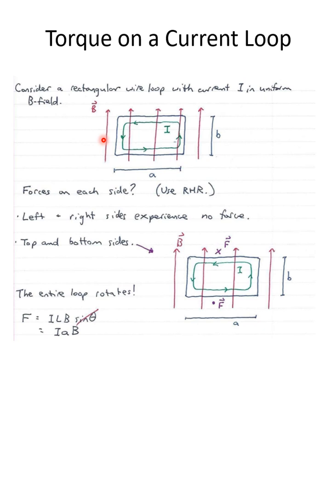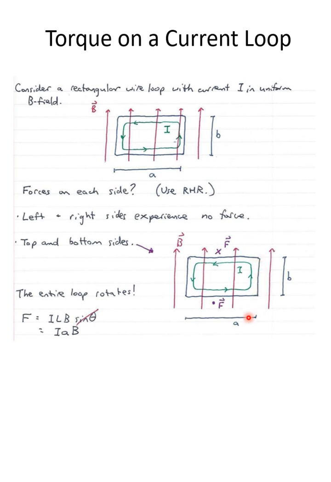Let's look at the top and bottom sides. We're going to use the right-hand rule. And let's go to the top side first. I'm down here at the lower picture. I'll use my right hand pointing in the direction of current. The magnetic field makes my fingers curl upward on the page, and my thumb points into the page. So on that top side, there's a force pushing into the page.